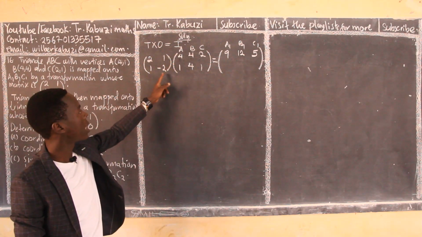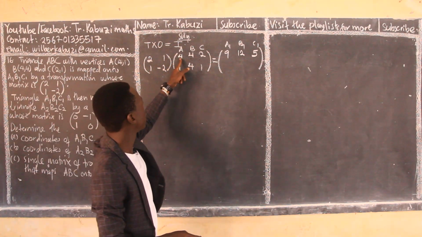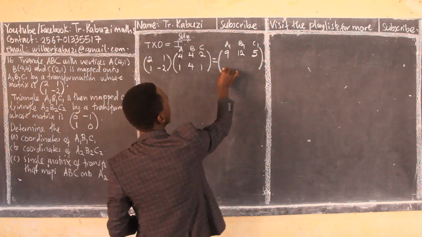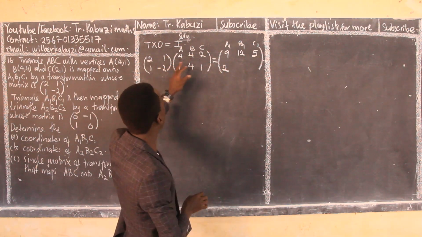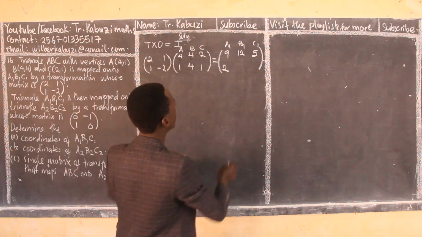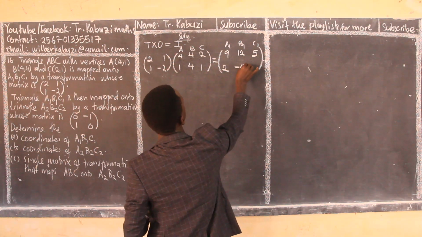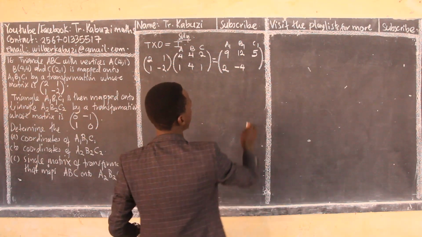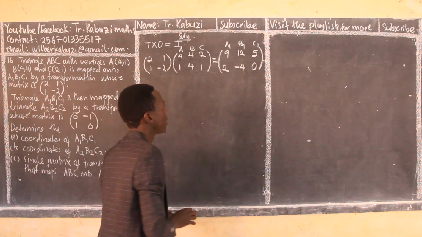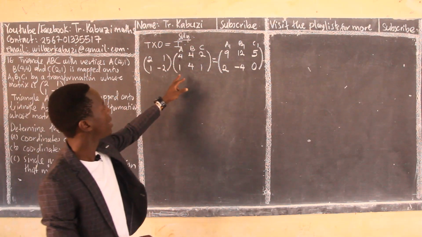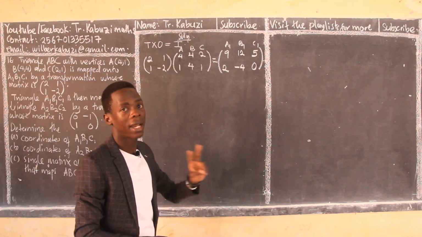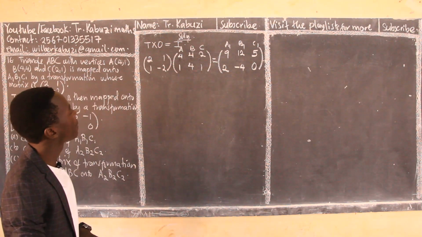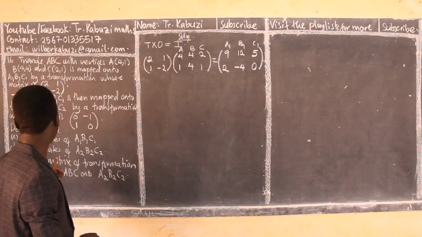Now we come to the second row. This times this is 4 minus 2, which gives us 2. Then 8 minus 4, and 2 minus 2 to get a 0. So there you get a bonus and a method mark, so you have 2 marks. Now you have not answered the question.